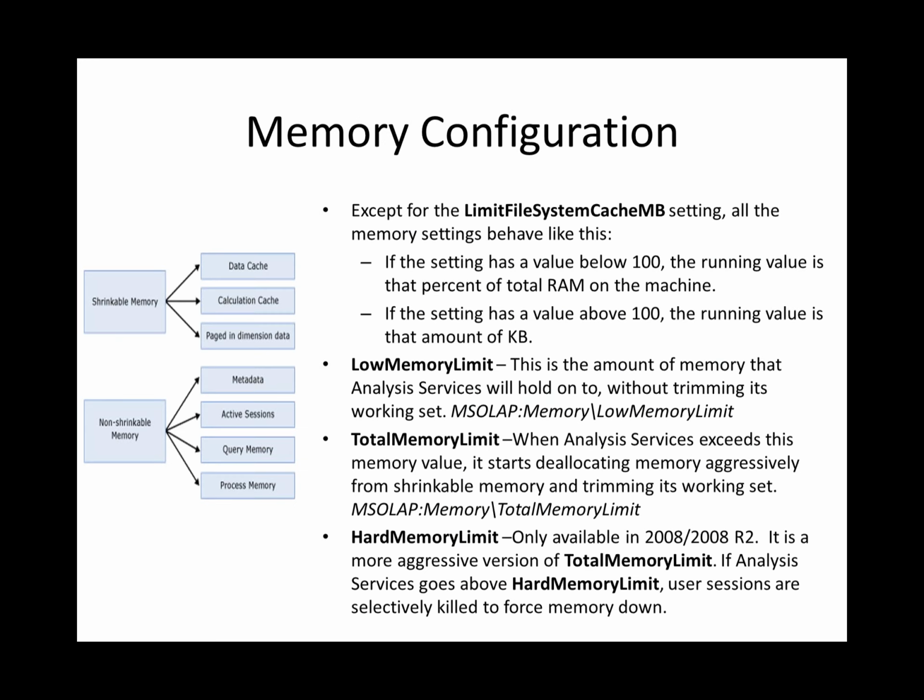When we talk about memory configuration, memory in Analysis Services runs on what's called an economical memory management model. So every time something is pulled into cache, it gets an income. So it's being used, it's valuable, so it gets $1, for instance. Then every time that it has to sit there as the memory clerk comes by, if the system's not under a lot of pressure, it'll come by and say, hey, give me 5 cents, and you'll say, oh, I got enough income for that, I was valuable enough to get $1, here's 5 cents.